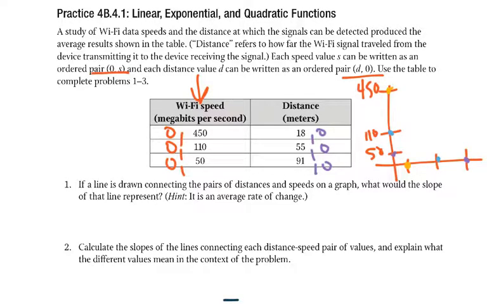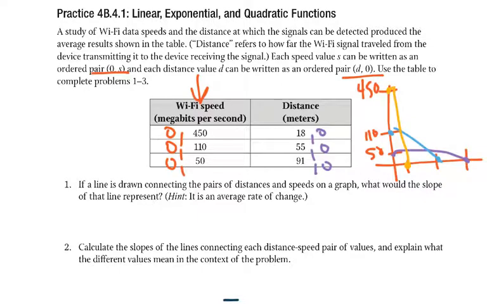So it says if a line is drawn connecting the pairs of distances and speeds on a graph, what would the slope of that line represent? They'd want this one connected to that, this one with this one, and here connected to here. So what would that slope be? The average rate of change.